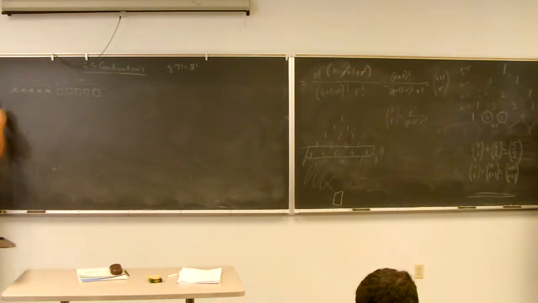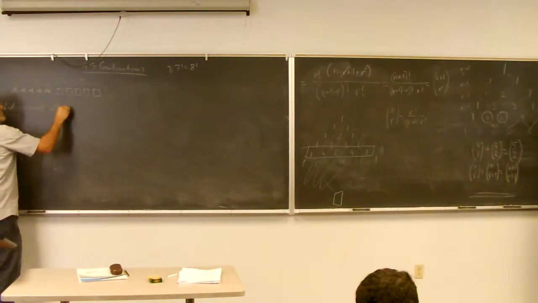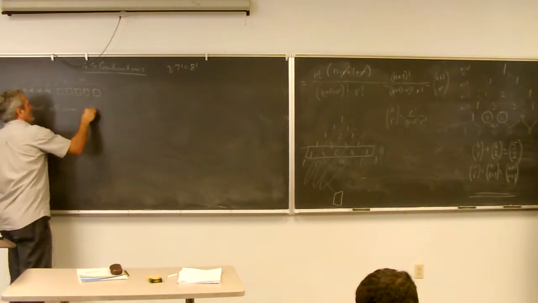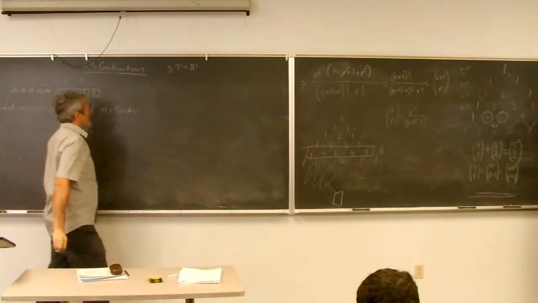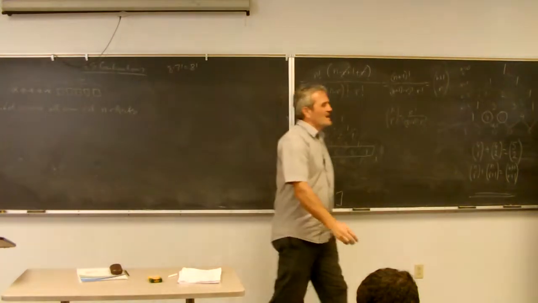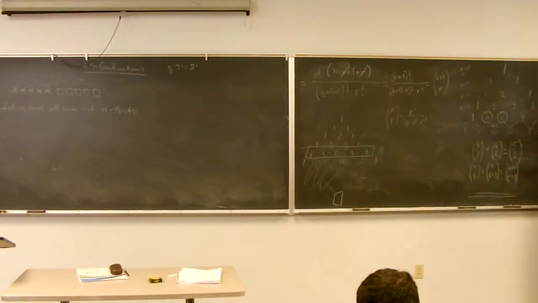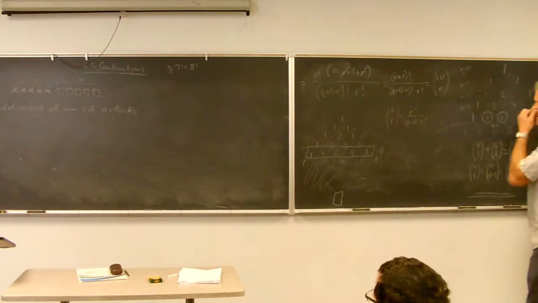Let us count all committees of n objects. So I have n stars, n squares, and I want to choose n objects.